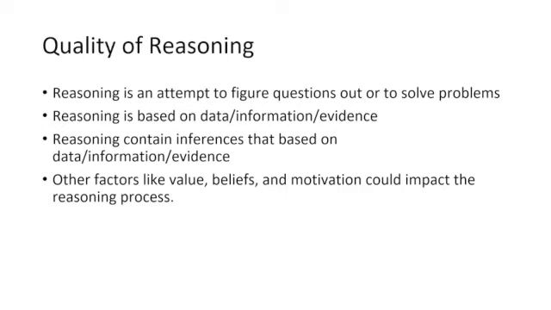In addition, as we mentioned earlier, your values and beliefs could also have an impact on how you make your scientifically sound decisions. For example, do you believe in organic food? If you do, then buying organic food will have more weight in your reasoning and decision-making process.